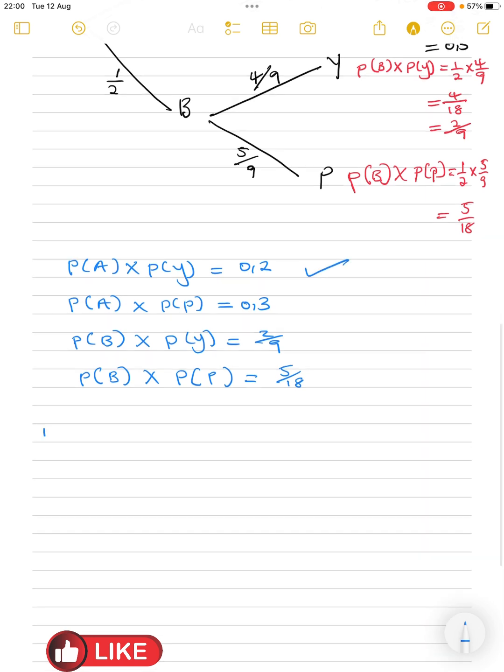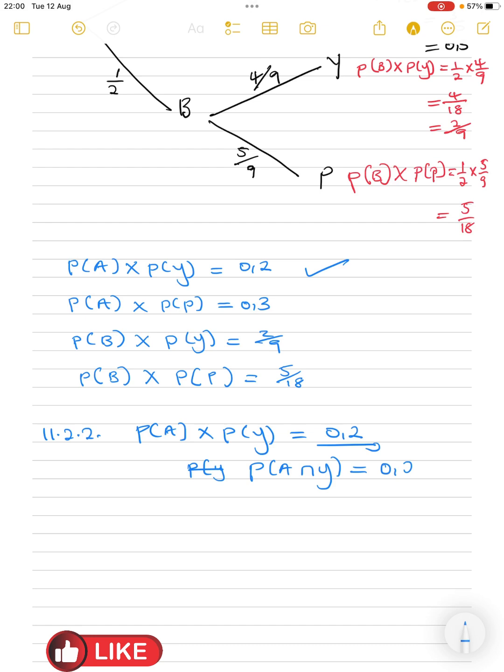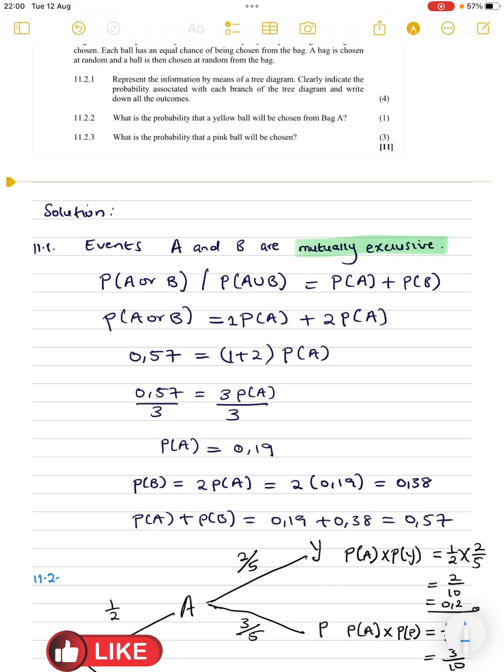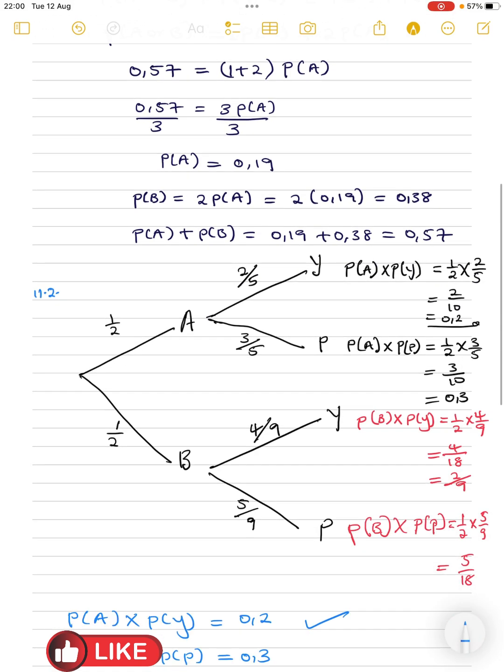It's yellow chosen from bag A. So 11.2.2, that one, it's the probability of A times the probability of Y, which is equal to 0.2. We're done.